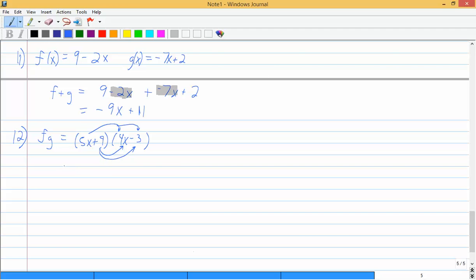So that's going to be 20x squared minus 15x plus 36x minus 27. Alright, so that's going to equal 20x squared, and now negative 15x and positive 36x is going to give you a positive 21x minus 27. Alright.